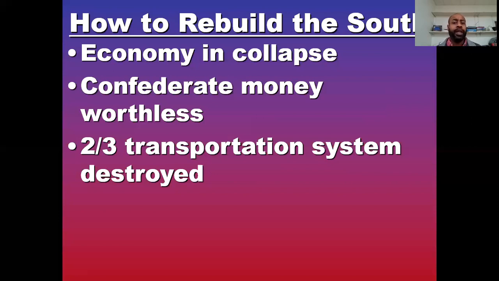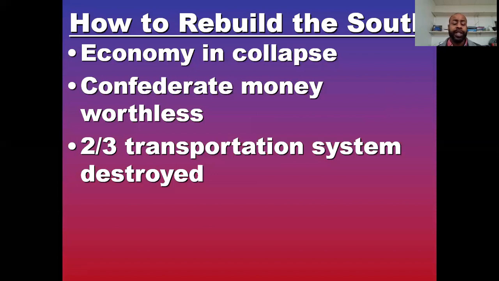It puts a tremendous burden on the federal government and the industries in the North to figure out how to even get food down there. There are no railroads. How do we get this stuff down here? It's going to take days, weeks to send aid to these people. The Confederate money that they tried to create is worthless. It's paper now. The Union seized what gold depositories were left and brought them back to Washington.